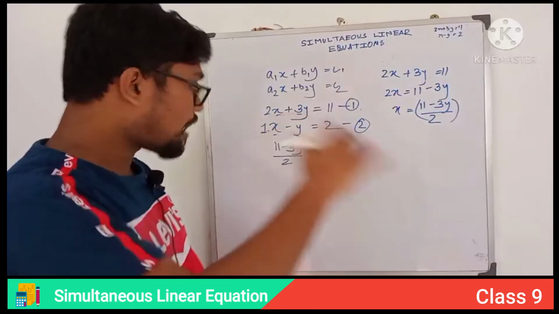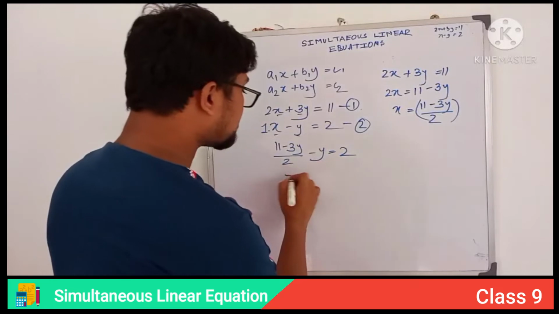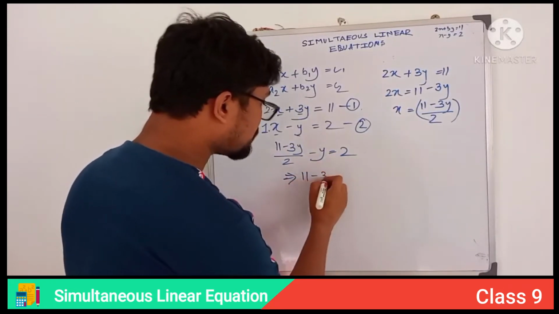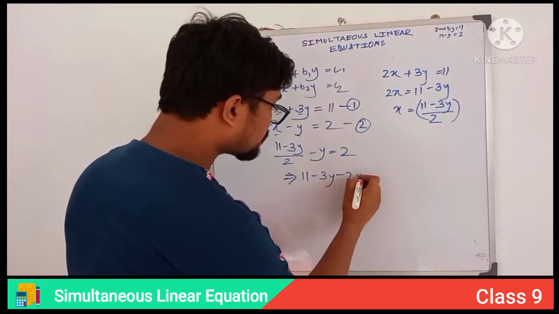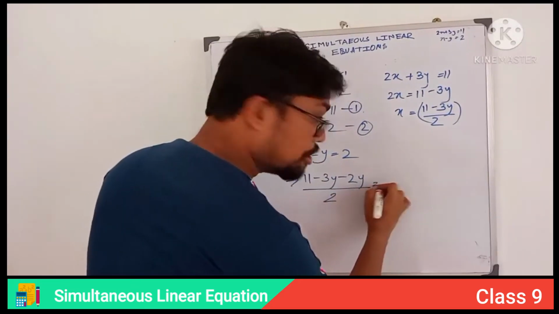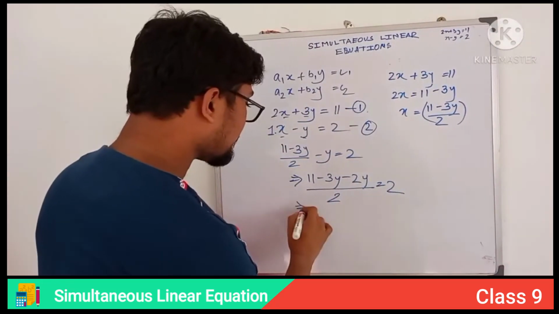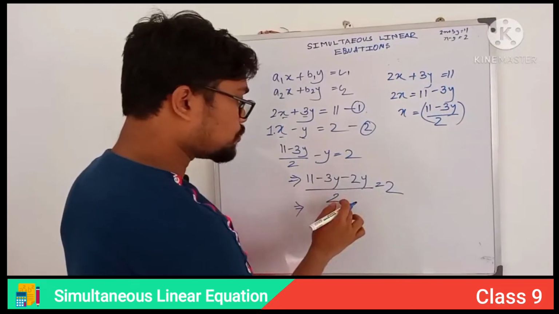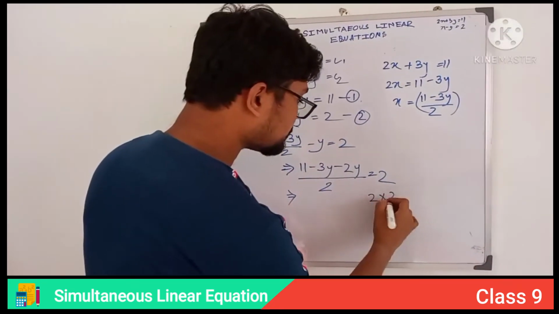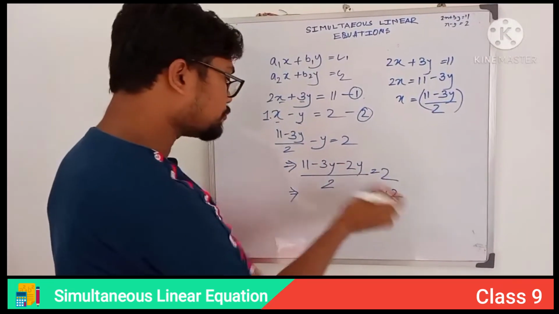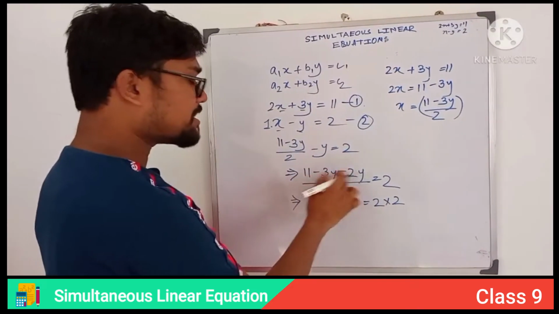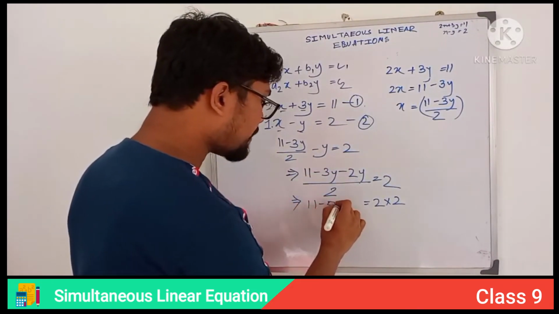Understand? Now how do we solve it? First take an LCM. (11 minus 3y minus 2y) by 2 equal to 2. Next, 2 cross multiplies with 2 to get 4. 11 minus 3y minus 2y means 11 minus 5y.